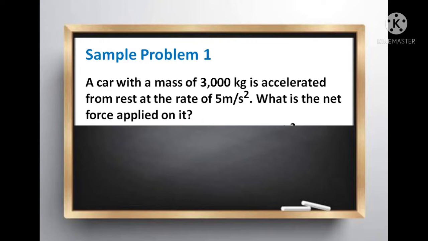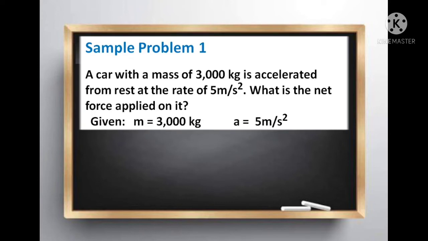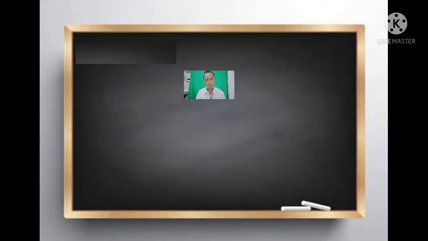A car with a mass of 3,000 kg is accelerated from rest at the rate of 5 meter per second squared. What is the net force applied on it? These are the given. Mass, 3,000 kg. Acceleration, 5 meter per second squared.